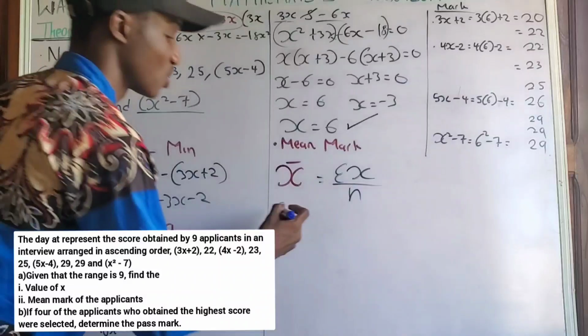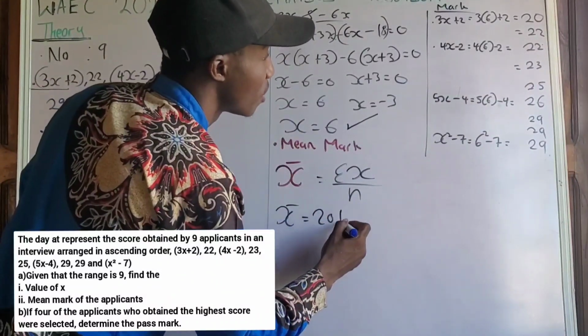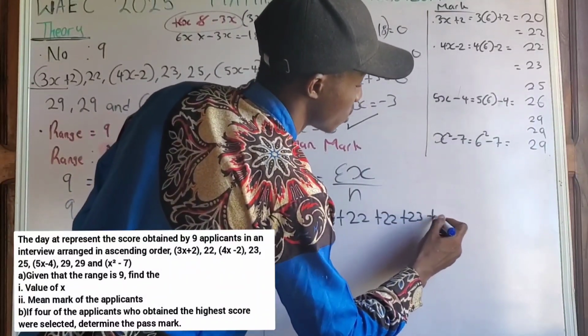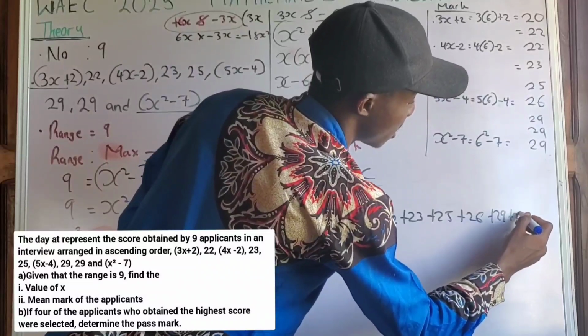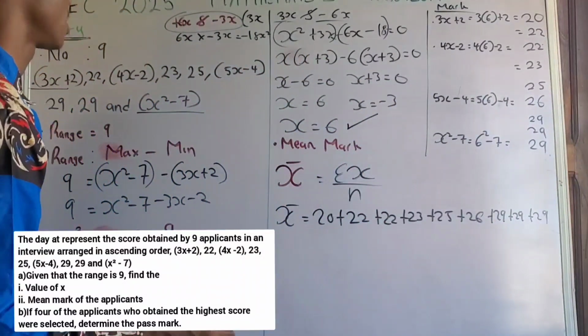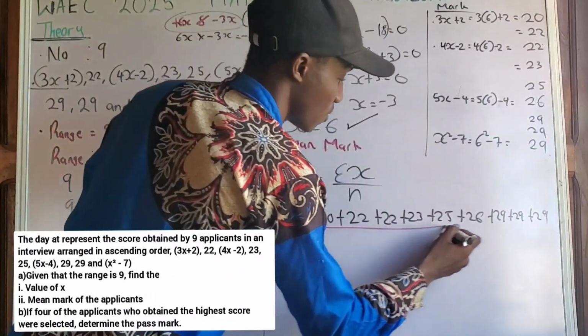So x bar will be equals to 20 plus 22 plus 22 plus 23 plus 25 plus 26 plus 29 plus 29 plus 29 all over the total number of applicants. The total number of applicants is 9. So I'm going to have this all over 9.